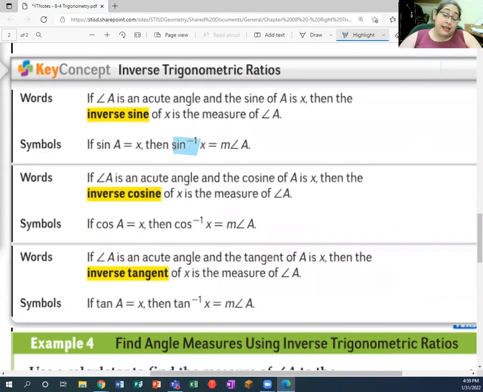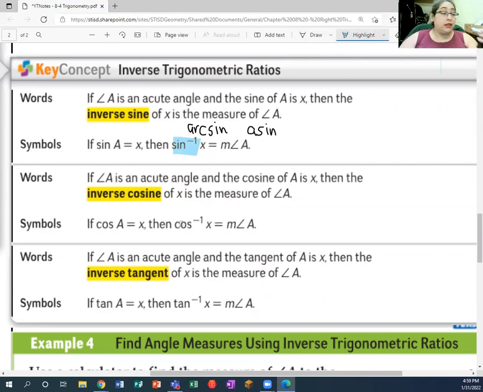This can be read either as inverse sine or as arc sine. Your calculator on your phone will write it like arc sine. They'll do that across all three of these: arc cosine, arc tangent.